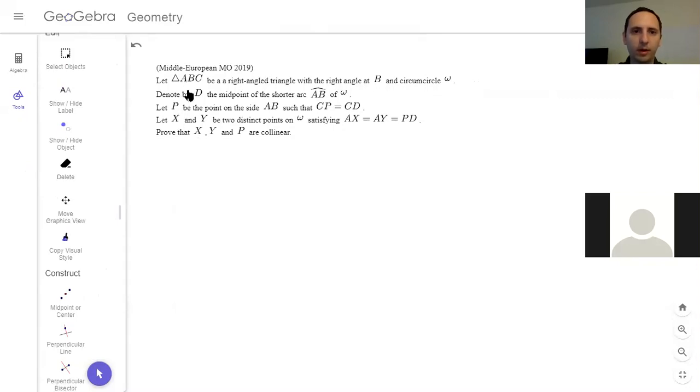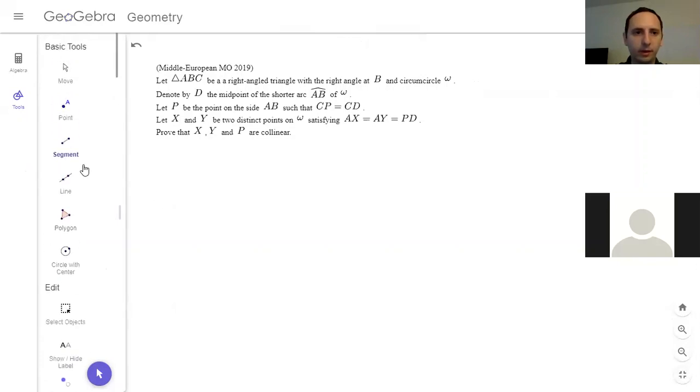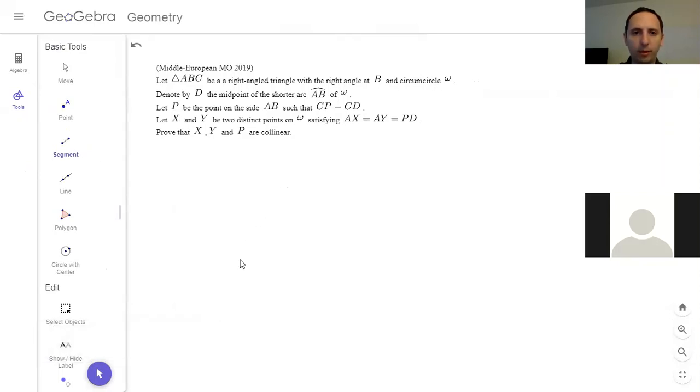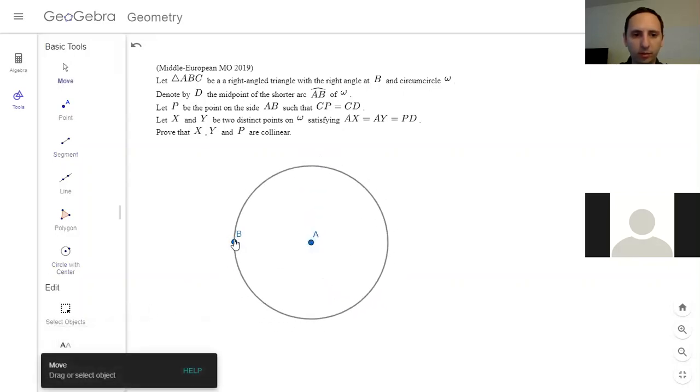So we have a right triangle. You guys can all see it, right? We have a right triangle with right angle at B and circumcircle omega. So let me draw it like this.